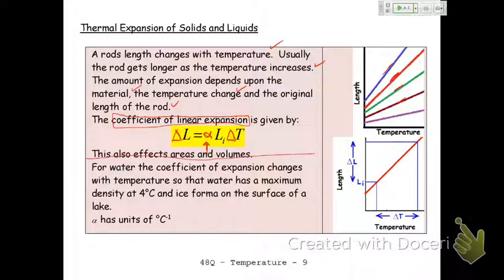When you get to about 4 degrees, that trend stops and it starts increasing its volume. Otherwise, when you had a pond, if the coldest water was on the bottom, the pond would freeze from the bottom.